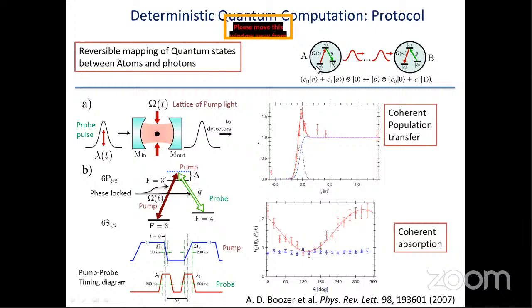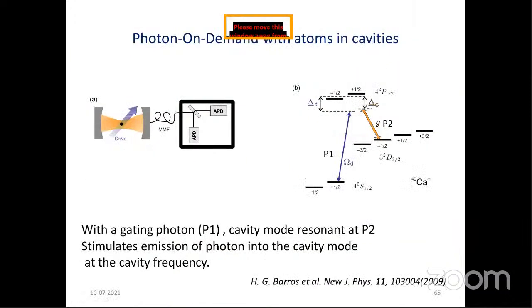And what you do is that you have a coupling light which excites this atom from the ground state to the excited state, and when it decays through a probe onto this other ground state, it emits a photon into the cavity mode, and that cavity mode enables the atom to decay from this state to this state, which is B to A. Now, these two are physically separate locations.